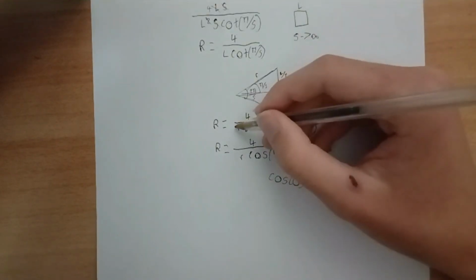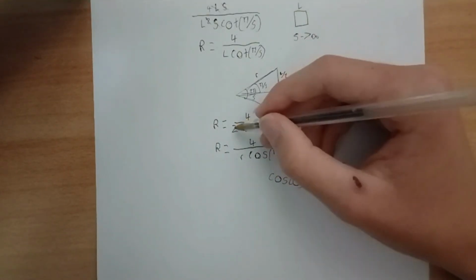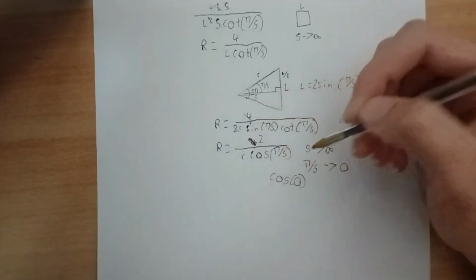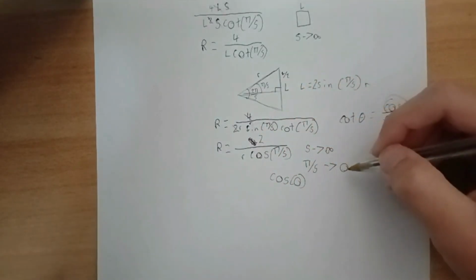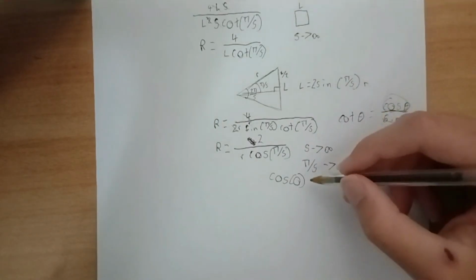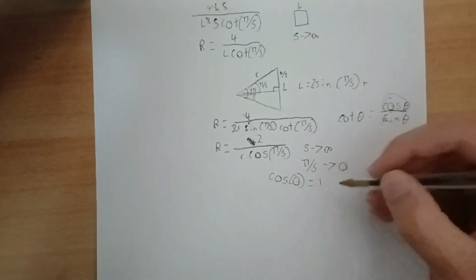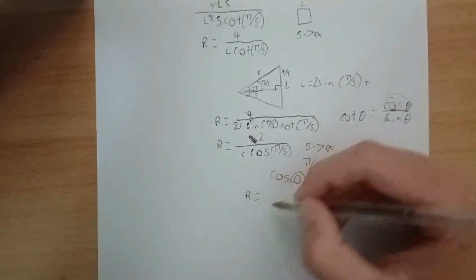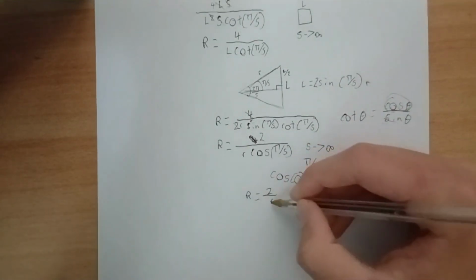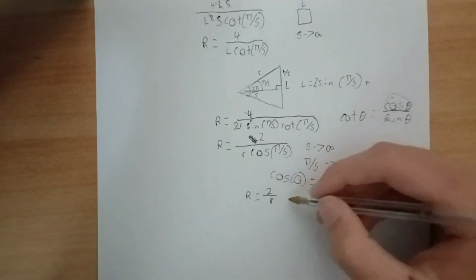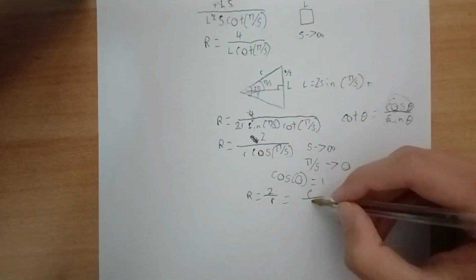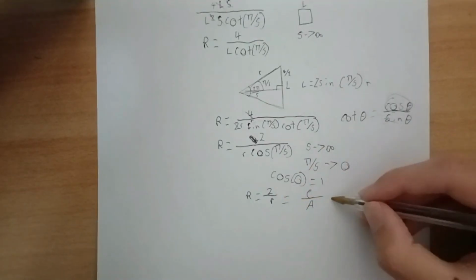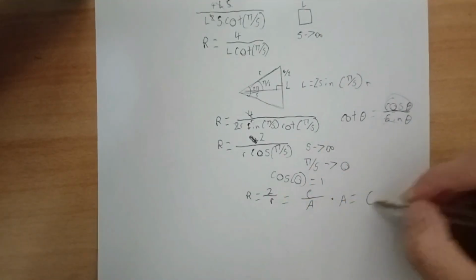And if we substitute that in the whole way around, these 2 and 4 cancel, this becomes a 2. Pi over s approaches 0, and cosine of 0 is equal to 1. So we get that our ratio when the number of sides goes up to infinity is actually equal to 2 over OR. So remember, this is equal to the circumference over the area of a circle. So if we multiply this by the area, we'll just be left with the circumference.